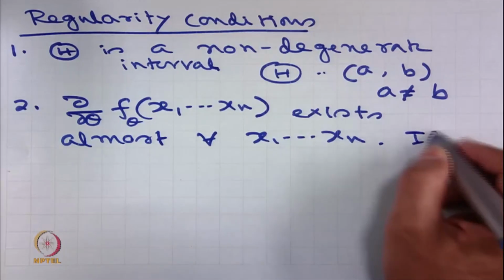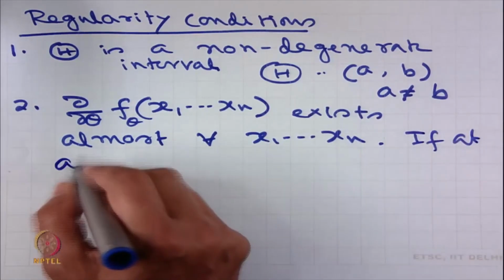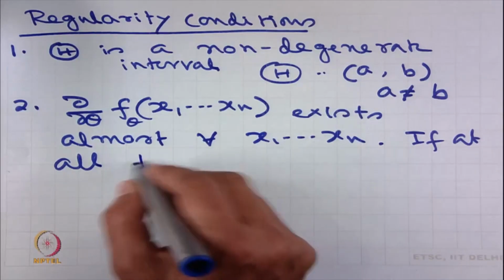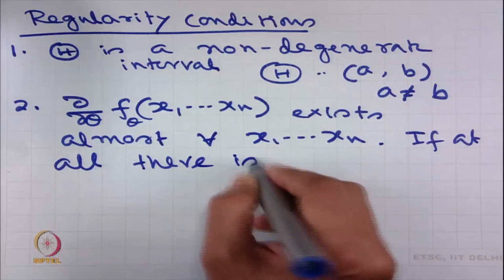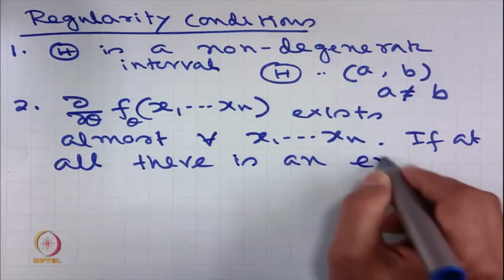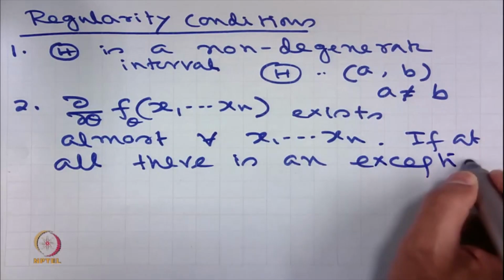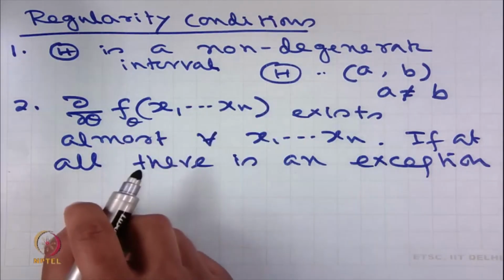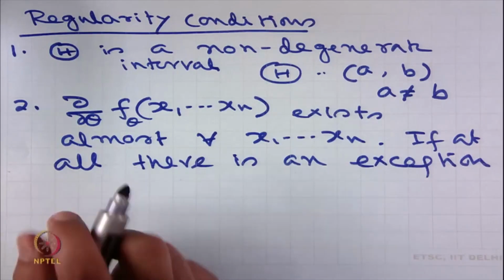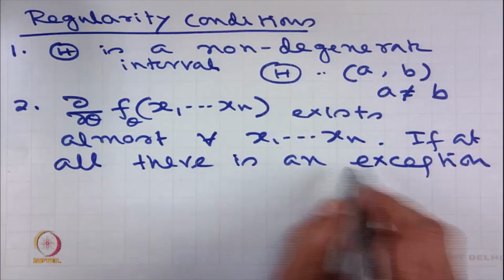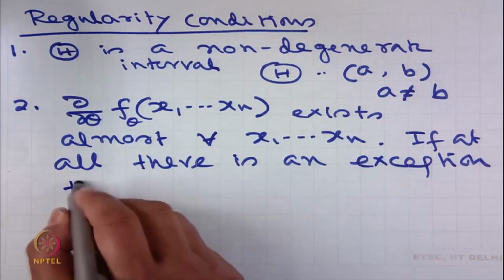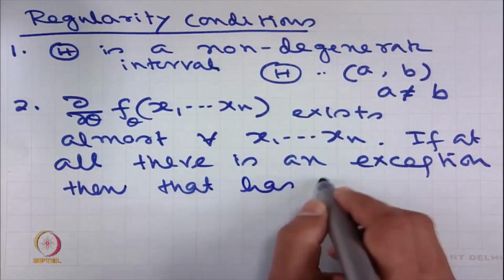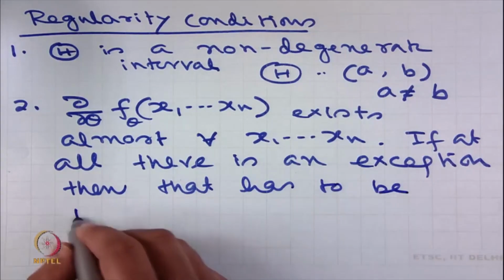If at all there is an exception, that means if it does not exist on some interval, if there exists such an interval, then that has to be independent of theta.